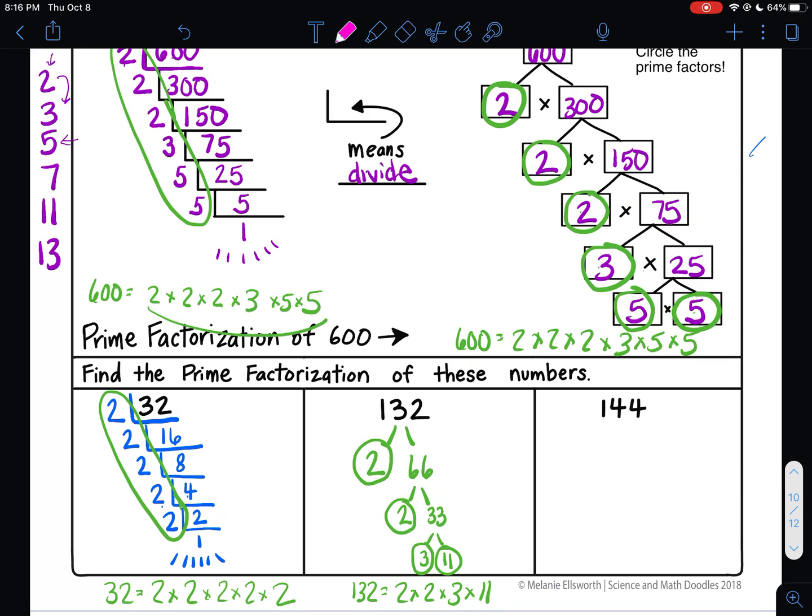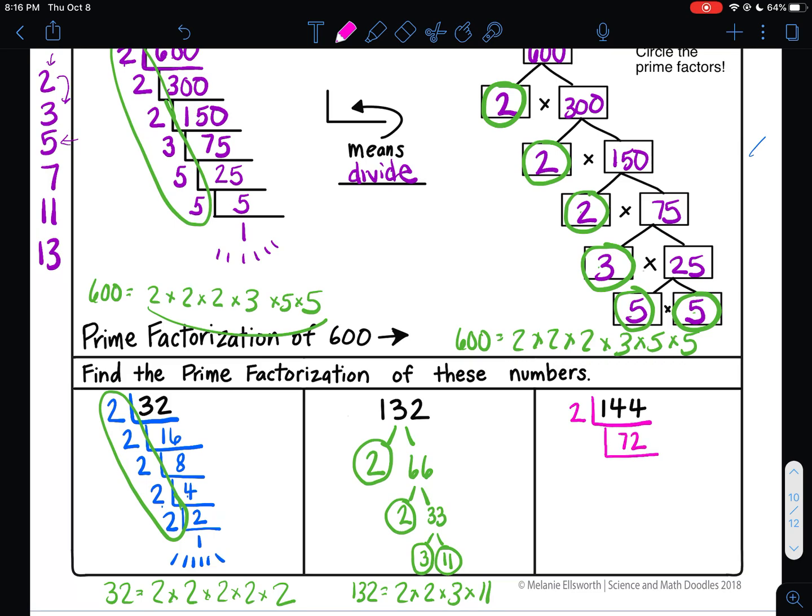But, so 144, I'm going to do the cake because I think that one is the easiest. So 144 goes in my layer, and I know that 144 is divisible by 2. So I'm going to divide by 2, and 144 divided by 2 is 72.